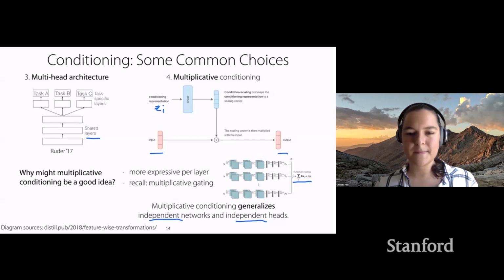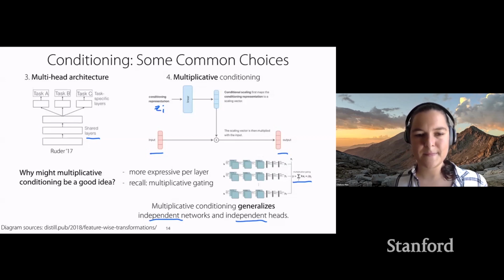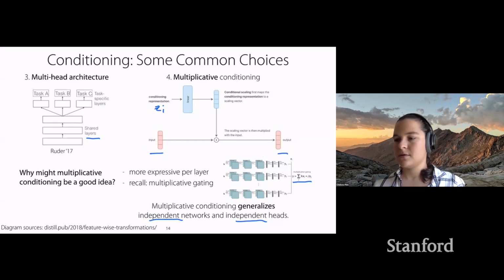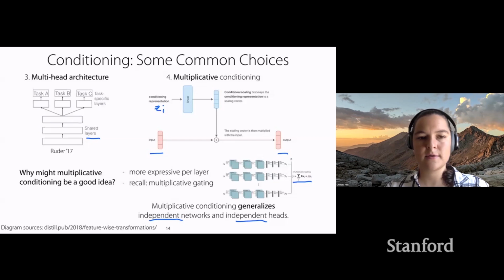I had a question about multi-head architecture as well as multiplicative conditioning. I'm not 100% sure how multi-headed architecture is a conditional architecture. We are not specifically conditioning on something, right? It will always predict three tasks, right?